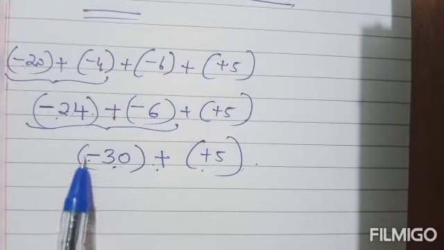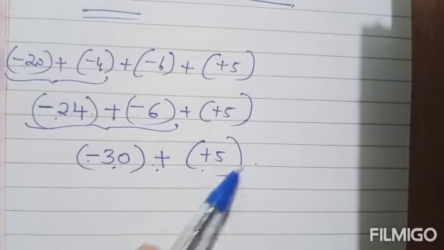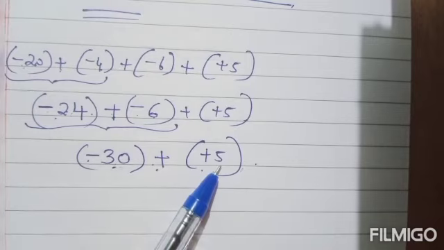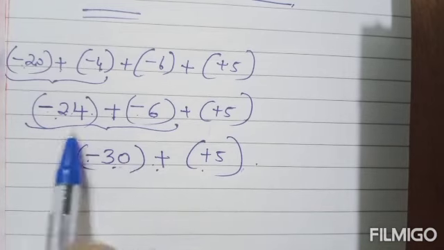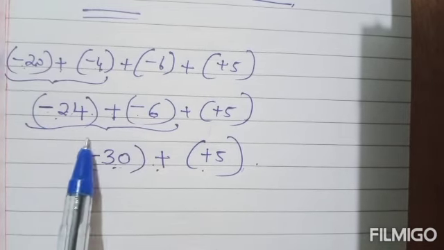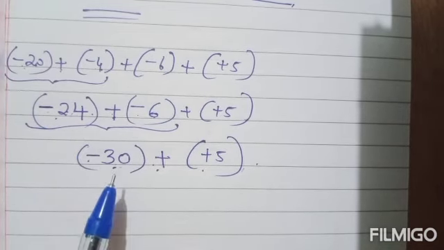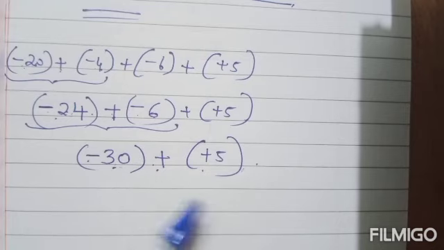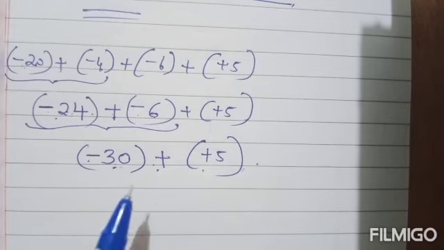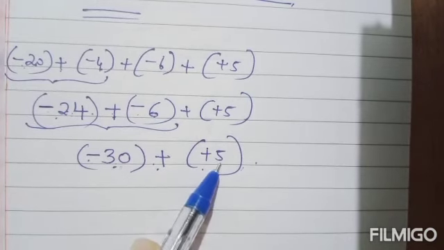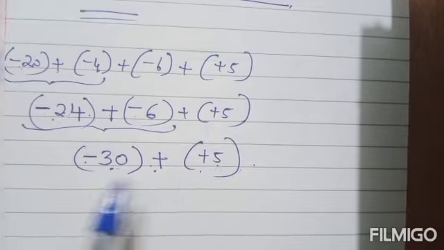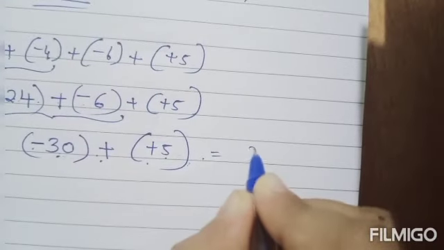Now here minus 30 plus 5. Addition of a negative integer and a positive integer. So what to do? Subtraction. Okay, when adding two negative integers, we do addition, and when adding a positive integer and a negative integer, we do subtraction. Okay, so here 30 minus 5 you have to do. 30 minus 5, it is 25.